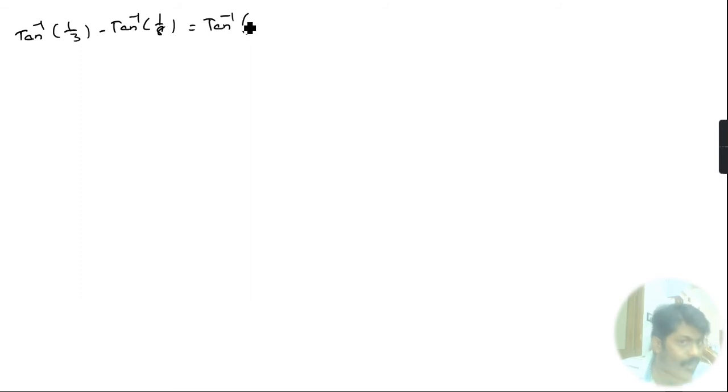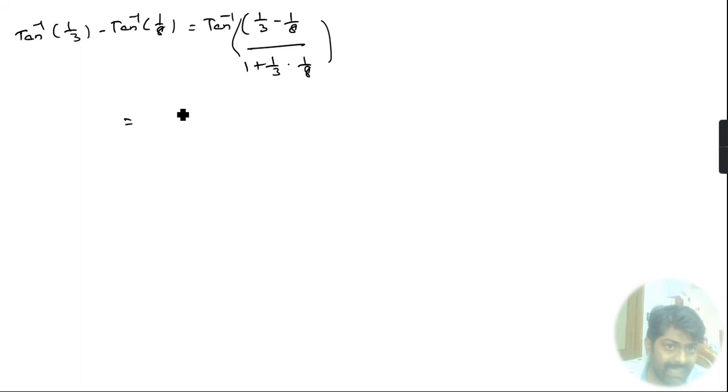And this is equal to tan inverse of 1 by 3 minus tan inverse of 1 by 8. This is equal to tan inverse of 1 by 3 minus 1 by 8 by 1 plus 1 by 3 into 1 by 8.